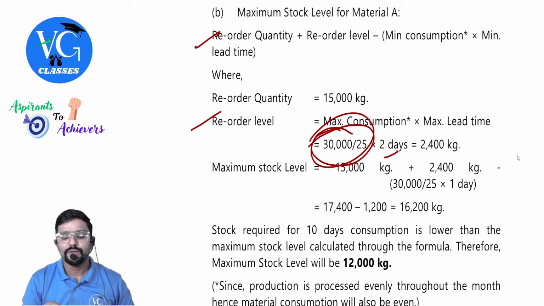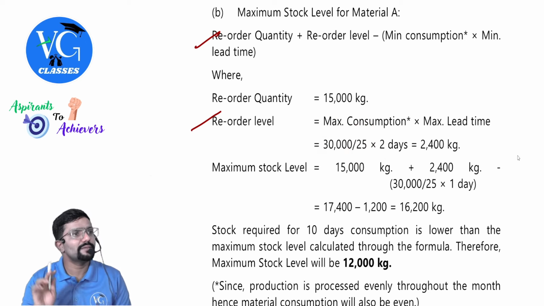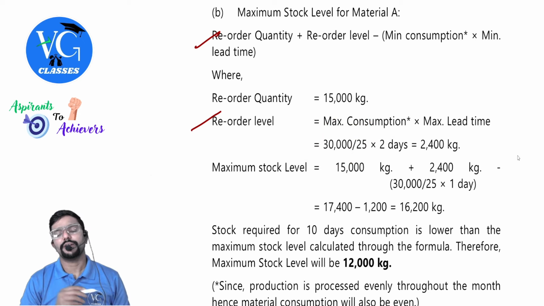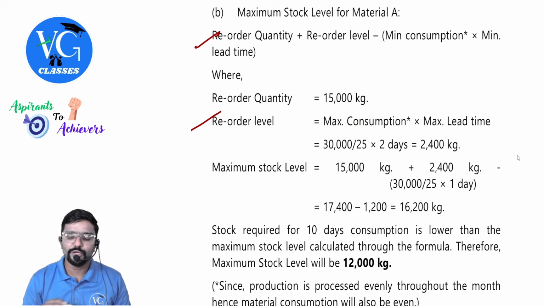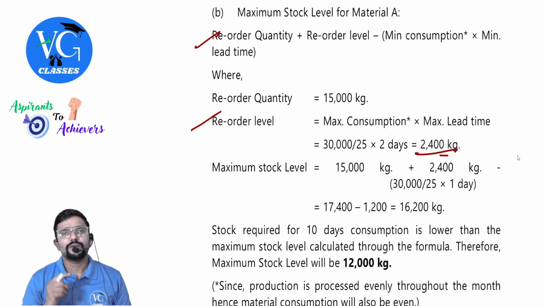Because we don't have any other way of calculating it, guys. Hope you understood. I repeat, what is the consumption of material A in a month? 30,000. How many working days in a month? 25. So per day how much? 1,200, into maximum lead time 2 days. So what is the reorder level? 2,400. So maximum stock level would be 15,000 plus 2,400 minus minimum into minimum.